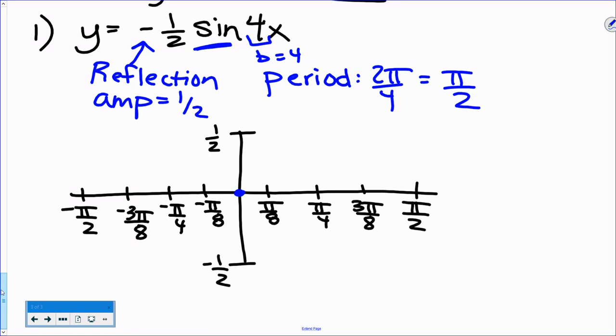Typically, sine would jump up here on a typical sine graph, but this time, since it's reflected, it's going to drop down first and then back and up. Same thing if I had done cosine. Cosine would normally start on the positive amplitude, but it would now start on the negative number for the amplitude. And then if I trace it back, it went up.